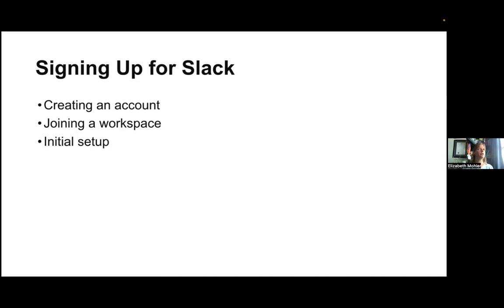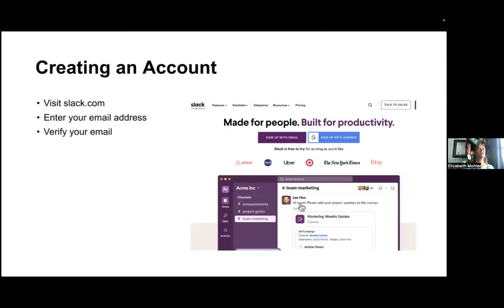So in terms of signing up for Slack, you're going to create an account. There's a couple of different ways to do it, but you're going to create an account. You'll join a workspace. So probably if you're here today, you're going to be joining the Creative Connectors workspace. And then the initial setup. So when you get the invitation email, say you've signed up for Creative Connectors on the website, you'll get that welcome email.